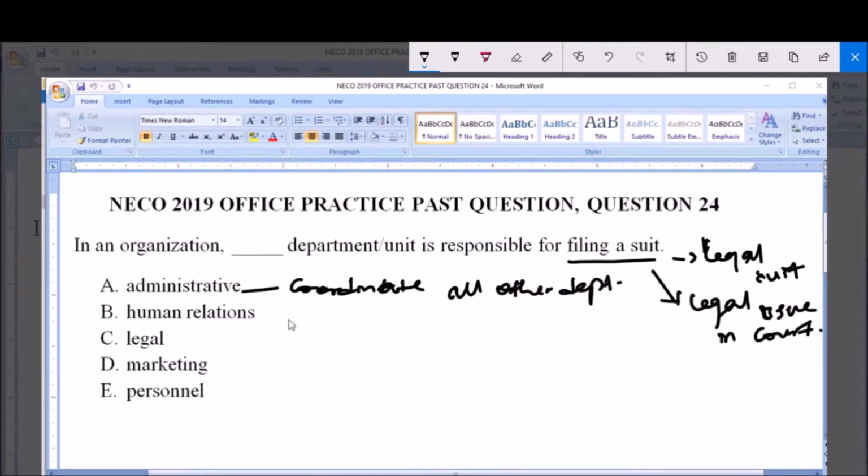Now B here says human relations. Human relations and personnel department are the same thing.